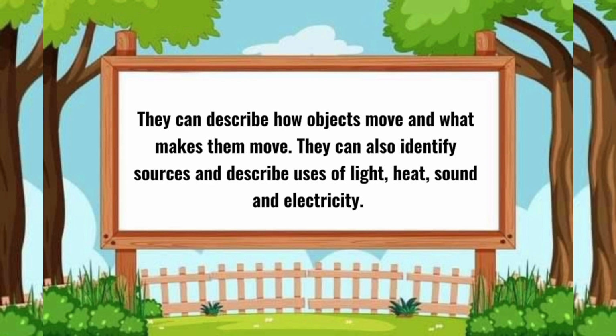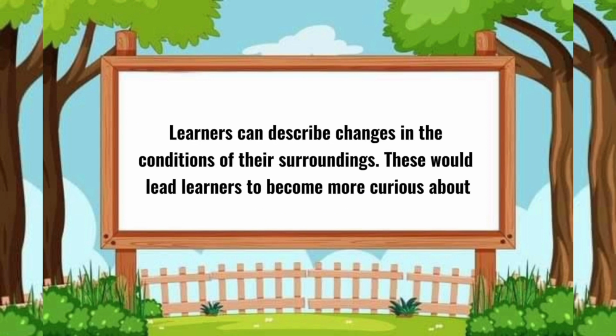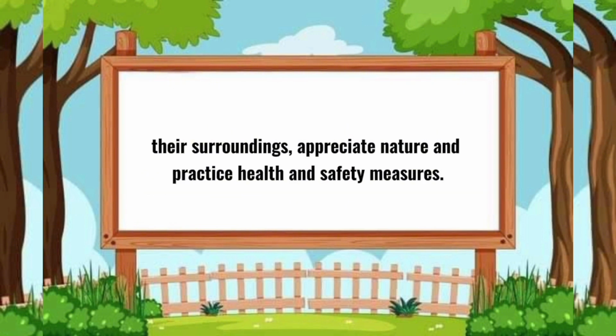They can also identify sources and describe uses of light, heat, sound, and electricity. Learners can describe changes in the conditions of their surroundings. This would lead the learners to become more curious about their surroundings, appreciate nature, and practice healthy and safety measures.